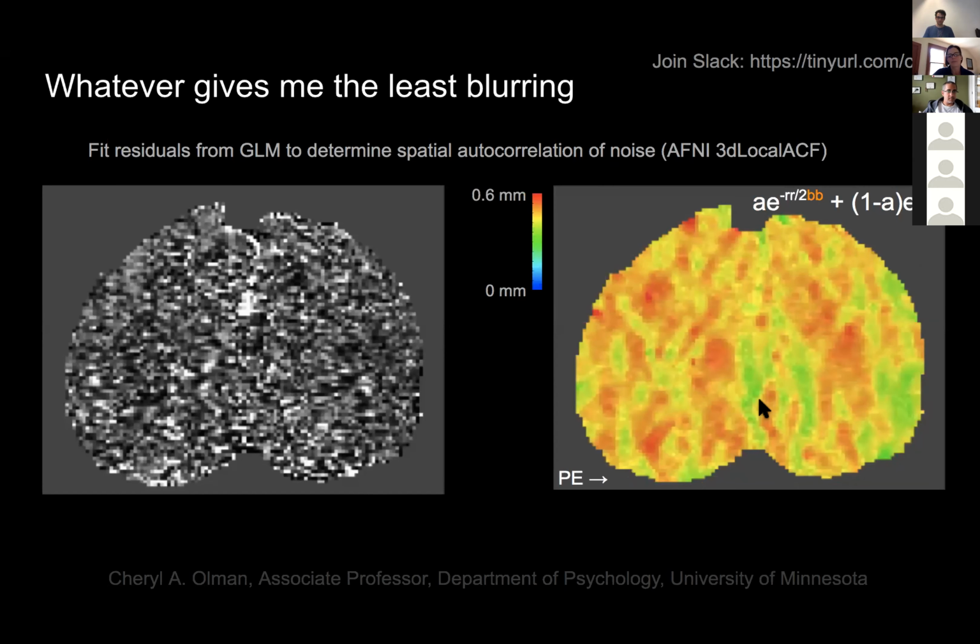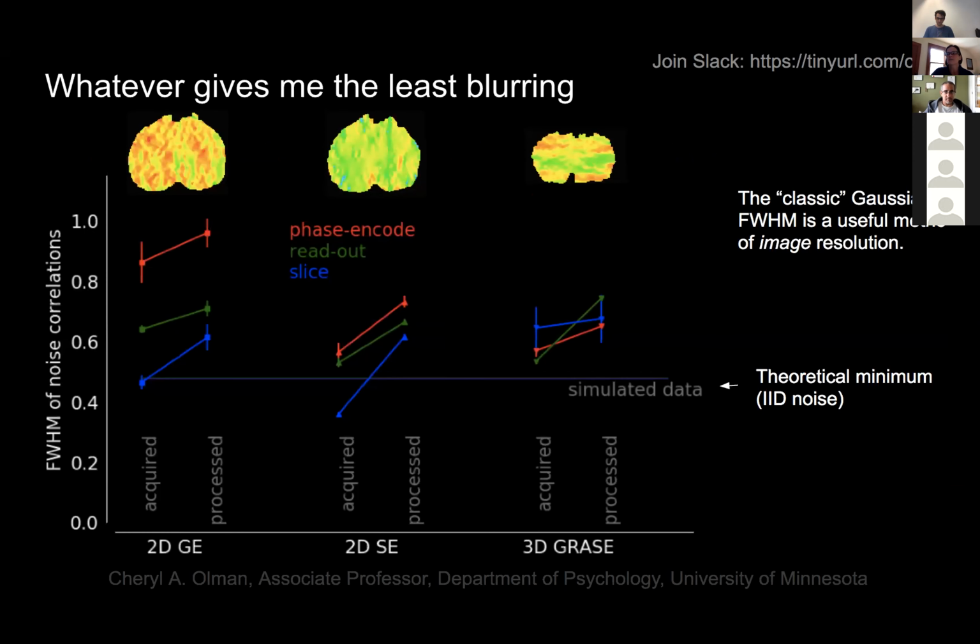If you look at maps of the width of that Gaussian kernel, you'll see this banding across in my phase encode direction. This was a right-left phase encode acquisition. Phase encode is always the toughest direction when we're working with EPI. And so what I'm going to do is drill down into separately estimating the width of that Gaussian kernel in the X, Y, and Z dimensions.